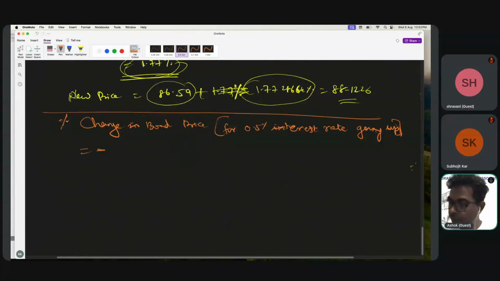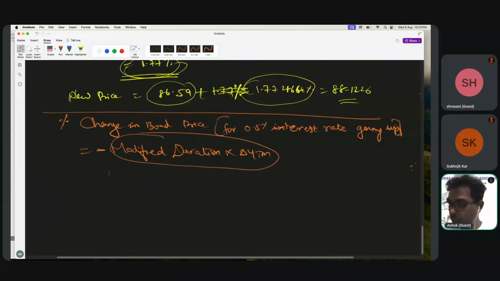So the formula will be minus, just prefix with minus, modified duration into delta YTM. See, basically, this is telling you the change, because understand the logic behind the formula. Modified duration means what? For 1% interest, what is the change, into whatever be the actual change that happened.